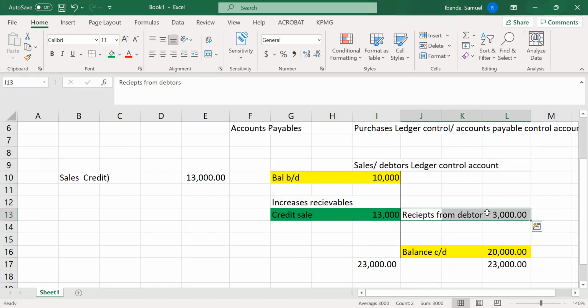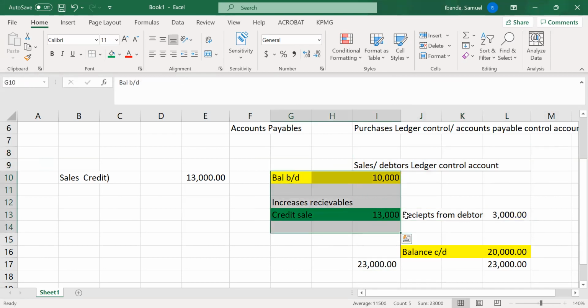There are also cases where the examiner will give you all this information, even including this, and what you're looking for is actually this balance, the closing balance of your debtors. So you just need to understand the concept of how these so-called contra accounts work. So that is one of the things.